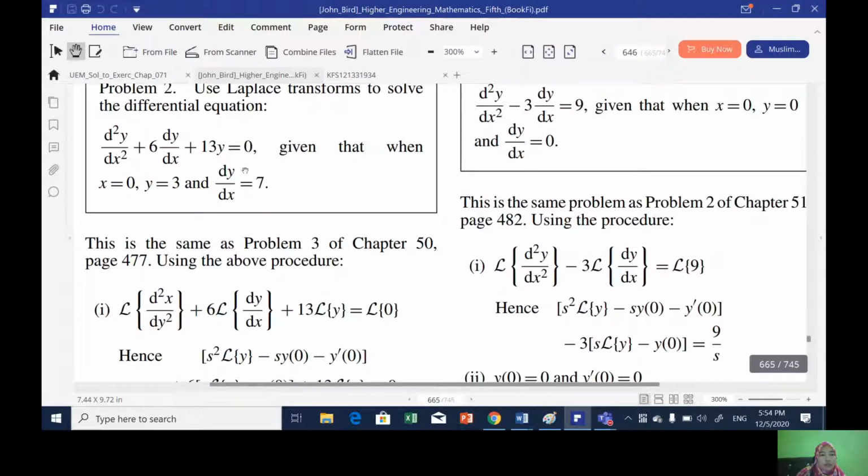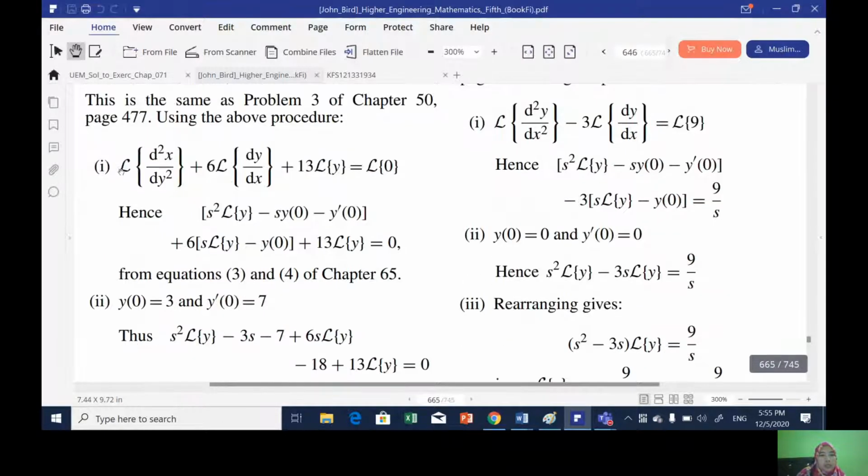So the method here: first we write down the ordinary differential equation and then apply the Laplace transform to each part, including the right hand side. So the left hand side of this differential equation and the right hand side, we apply the transform. This L is the notation for Laplace transform. The expression in the brackets is the original differential equation.